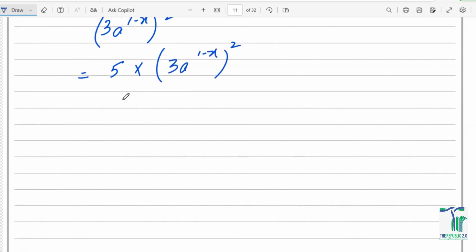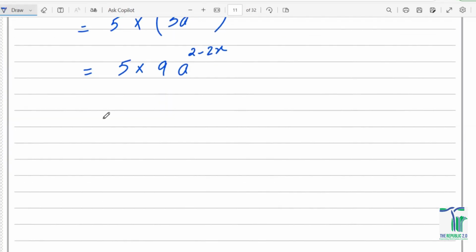And now I'm just going to solve it down. So I would be having 5 times 3 squared is 9, a to the power of 1 minus x, that would eventually become 2 minus 2x. And now 5 times 9 is basically 45. I'm going to split it down, and I'll be having a squared times a to the power of minus 2x.